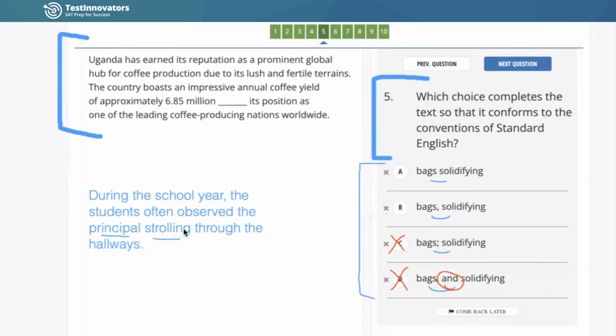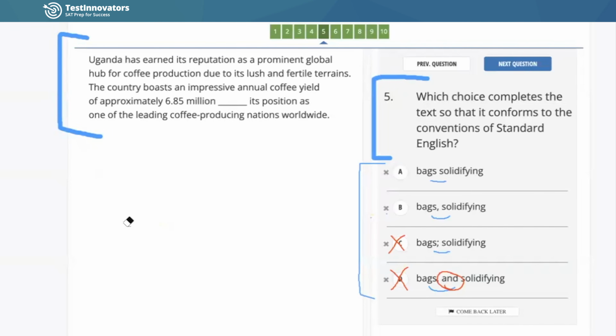And that is because the verb strolling is directly modifying principal. Strolling is not modifying the students. Therefore, no comma is needed here. So in other words, because principal is immediately before the participial phrase, you don't need a comma, which takes us back to our sentence here.